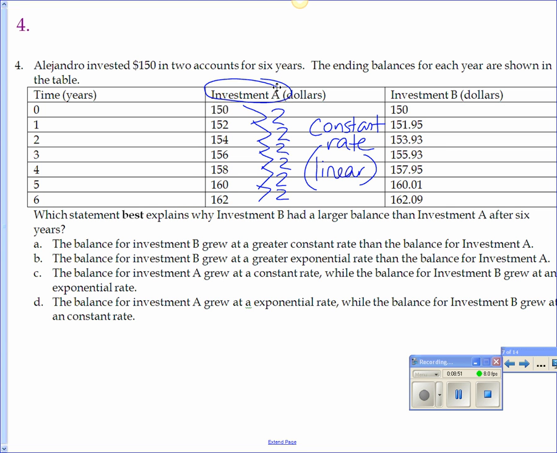All right, let's look at investment B. 150 to 151.95. $1.95. You can subtract those in your calculator. All right, what about this next one? 151.95 to 153.93. Y'all got calculators.